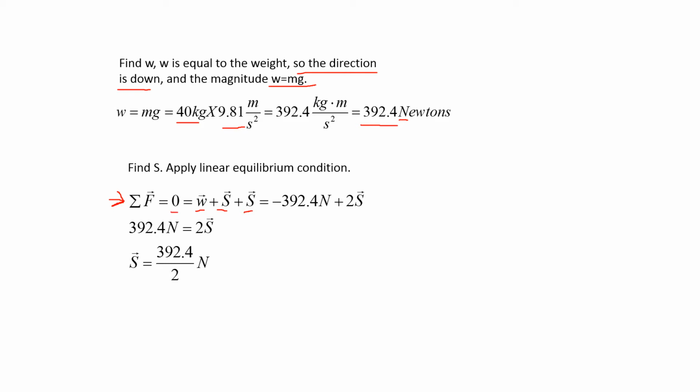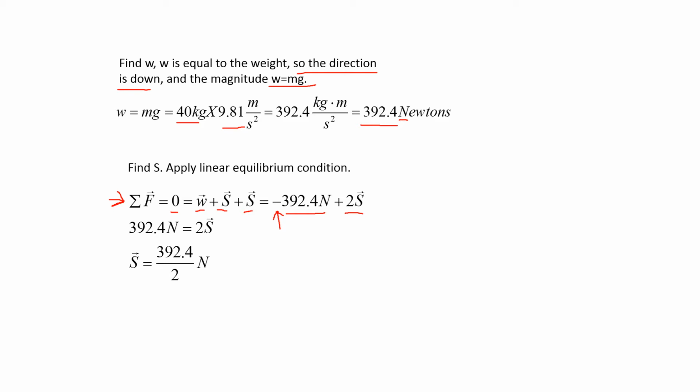That's part of the application of the equilibrium condition. We found the weight earlier, it's 392.4 newtons, and it is in the downward direction, which we will symbolize by calling this negative 392.4 newtons, plus twice times the force on each individual sole.